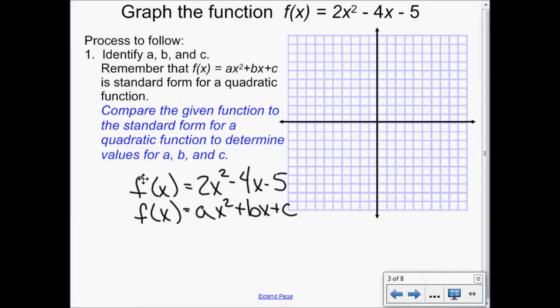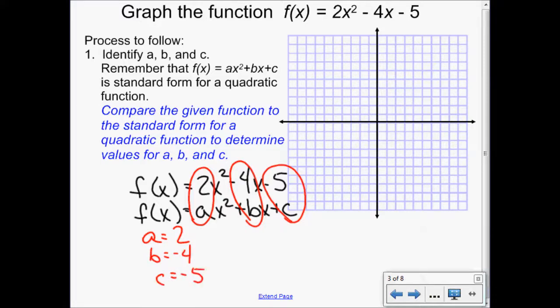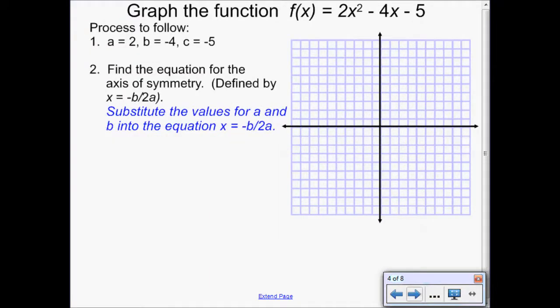And we can see that 2 is in the place of a, negative 4 is in the place of b, and negative 5 is in the place of c. So a is 2, b is a negative 4, and c is a negative 5. Now, once I've identified those, I'm going to move to the next step.